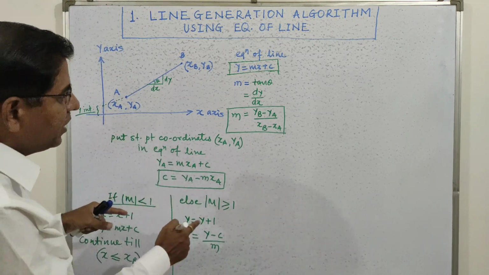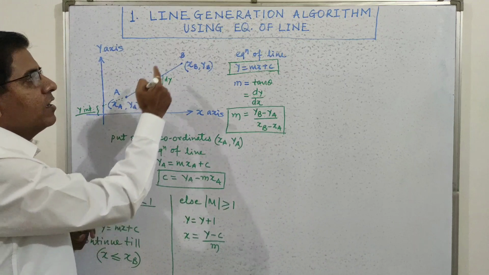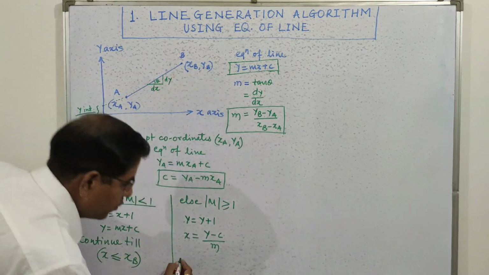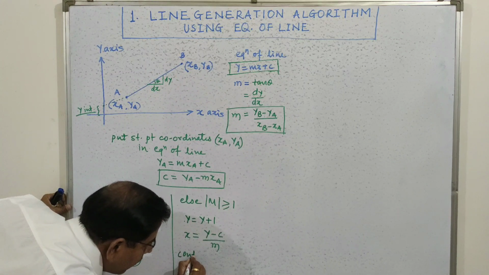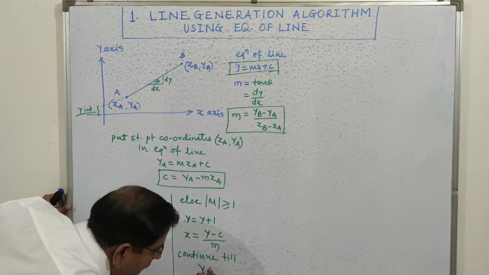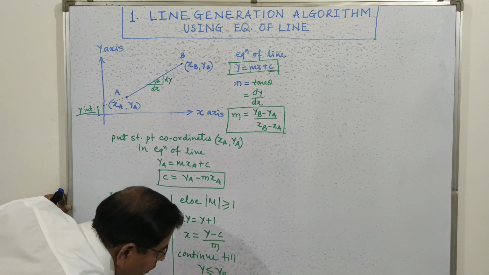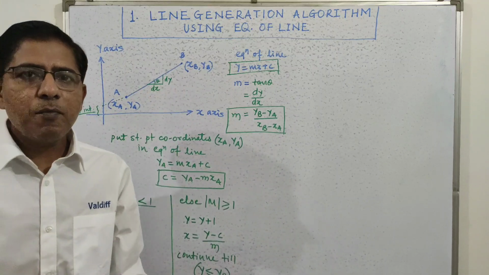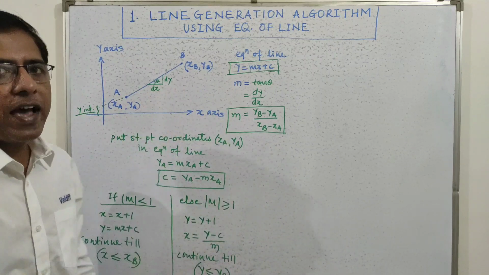This continues till y is less than or equal to yb. Okay, so this is the mathematical analysis of a line.